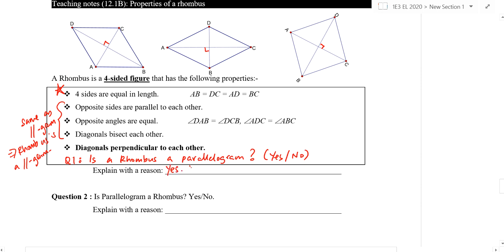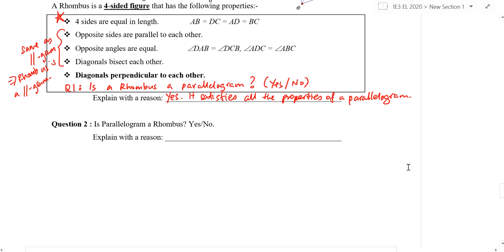It satisfies all the properties of a parallelogram. Next, is a parallelogram a rhombus? No, the answer is no. Why? A parallelogram may not have four equal sides.